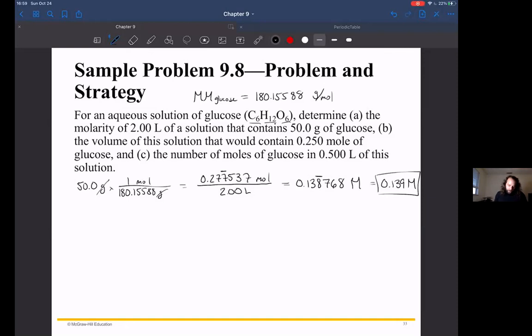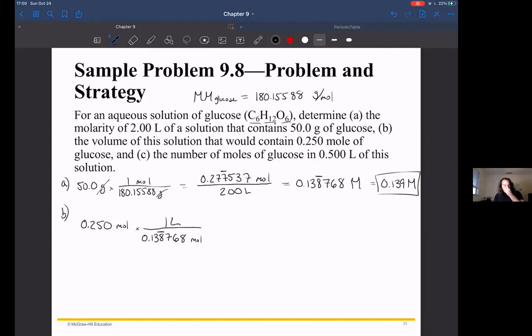Now for part B, how many liters of this solution are required to get to 0.250 moles. I'm going to take 0.250 moles and multiply it by the inverse of my concentration, because the big M is moles per liter, and I want moles on the bottom. But note, I am going to make sure to use the unrounded answer, because rounding is only ever done in the very last step of a calculation.